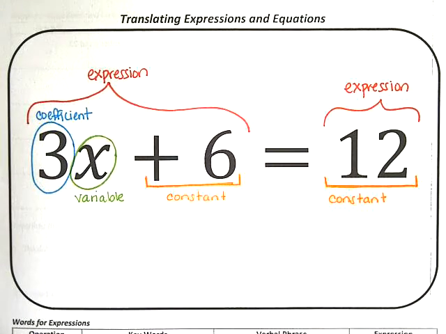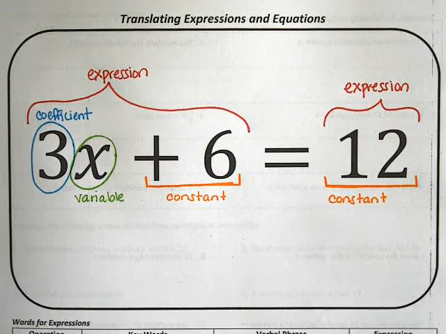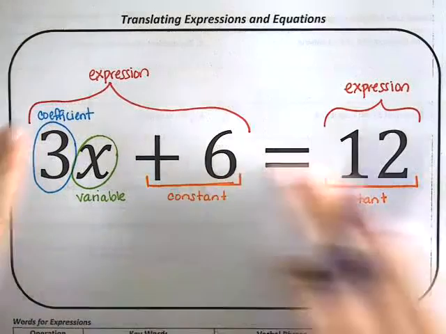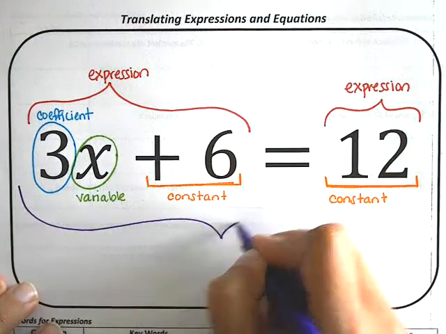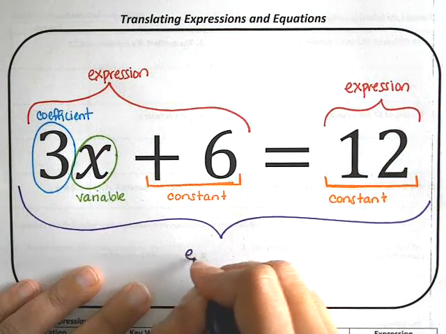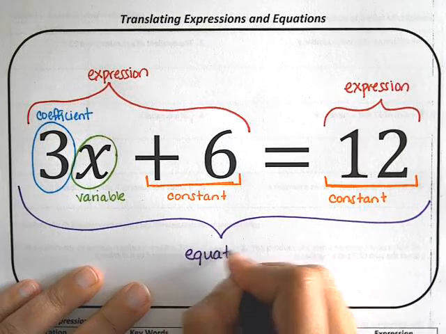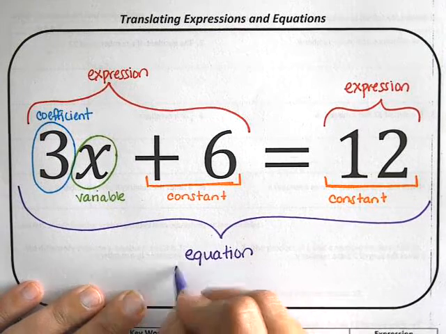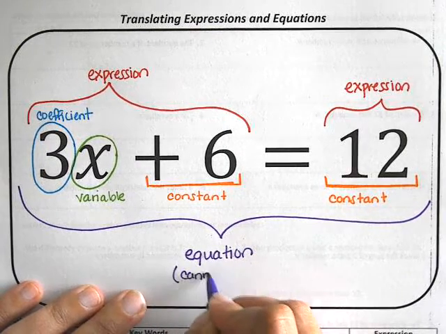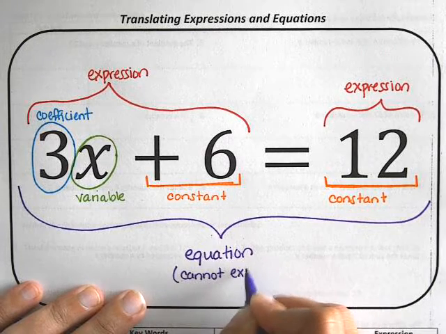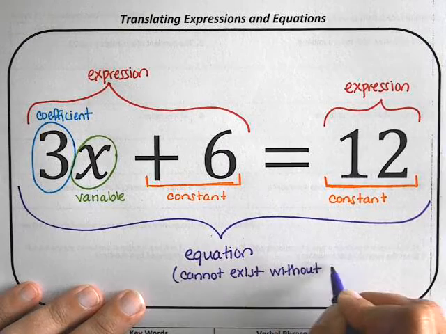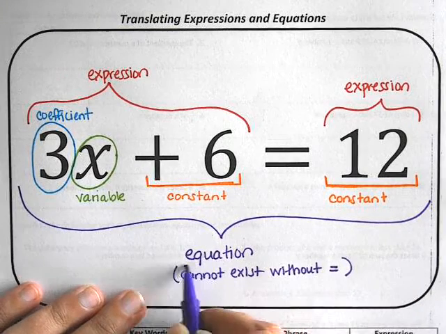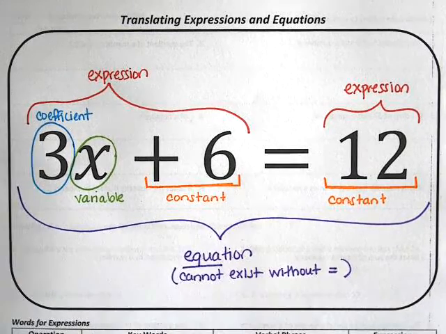When you incorporate an equal sign into a problem and you put one expression on the left, and another expression on the right, this whole thing together is called an equation. But you cannot have an equation without an equal sign. The word equation actually has part of the word equals right in there.